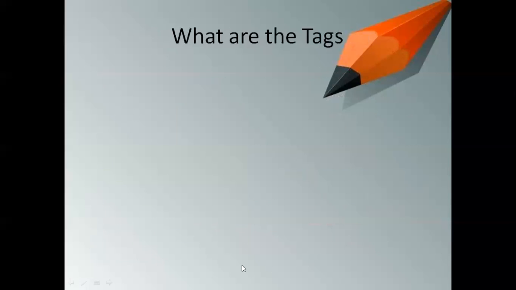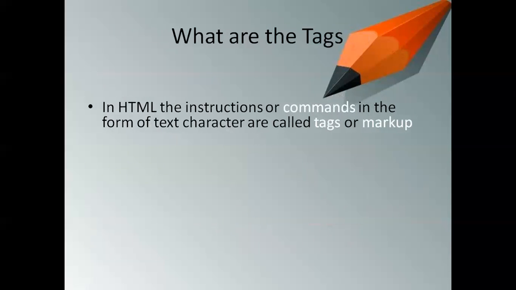Let's move to the last topic of this point. What are tags? In HTML, the instructions or commands, in the form of text characters, are called tags. In short, keep in mind that instructions or commands are called tags, or markup, in HTML.